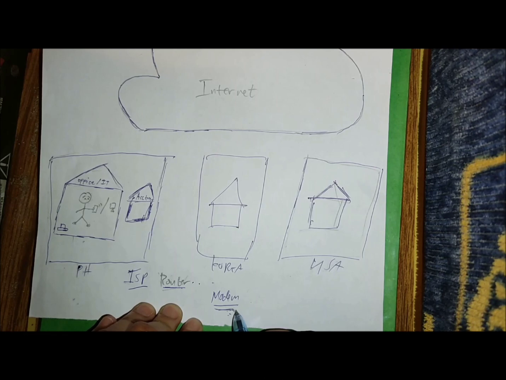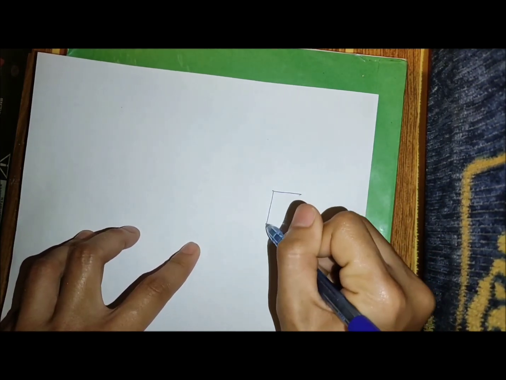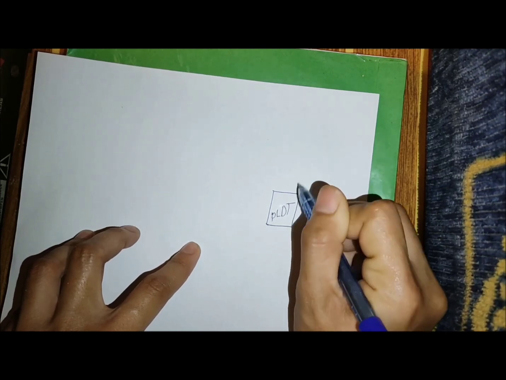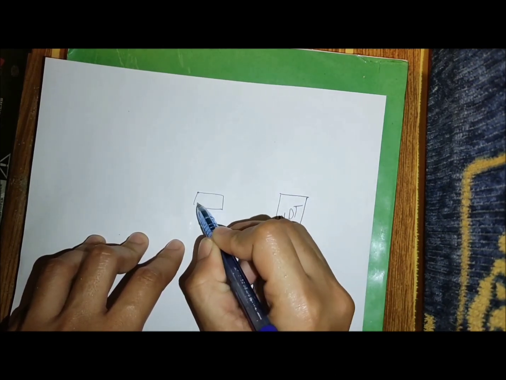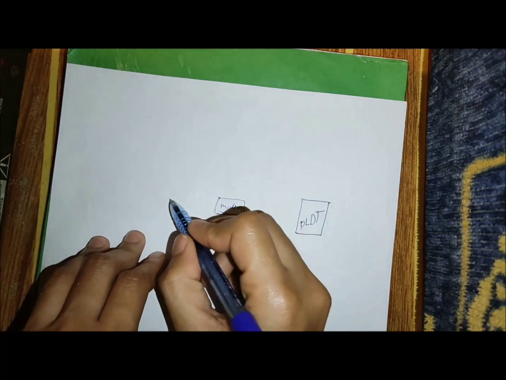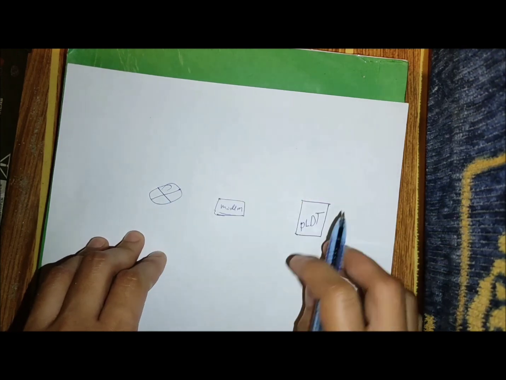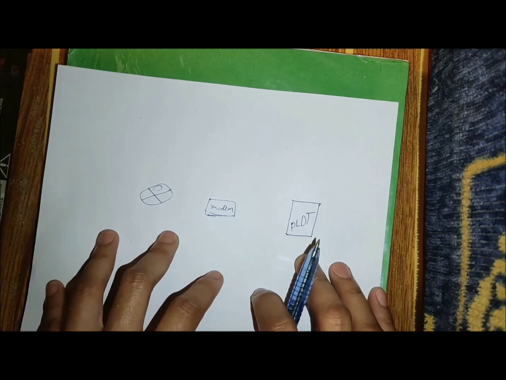Okay, so let's try to draw a diagram para masabtan ninyo, class. So assuming na ato diri ay internet service provider, ISP, naa tay modem, okay, naa tay router. Okay, so this is the diagram para masabtan ang flow.